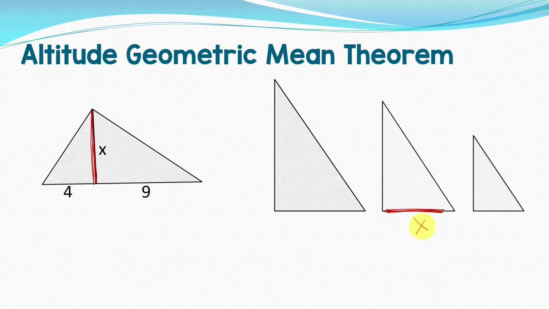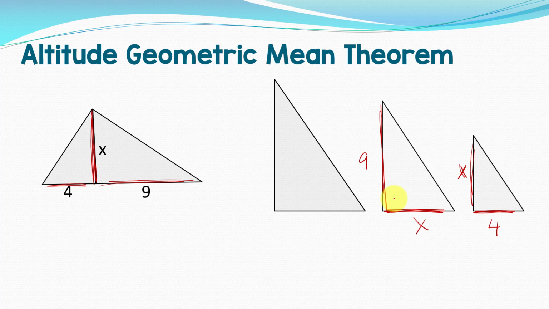It is also the tall side of the small triangle right here. Then we need to put 4 into place. 4 is the small side of the small triangle, and 9 is the tall side of the medium triangle.